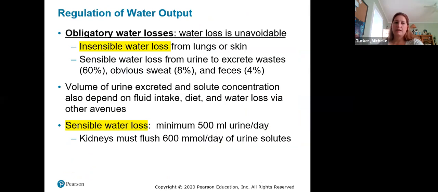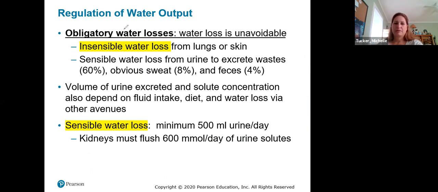For water loss, we have what are called obligatory water losses. These are water losses that are considered unavoidable. We have insensible and sensible. Sensible means you can actually feel it, so you can sense the presence of that water loss.